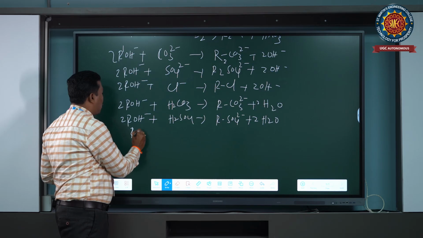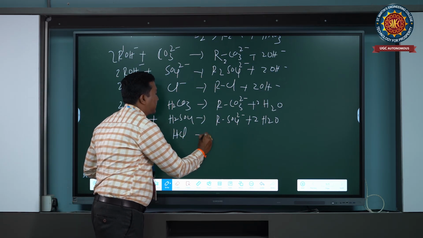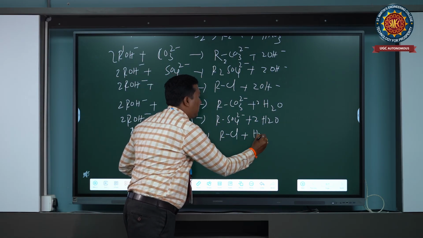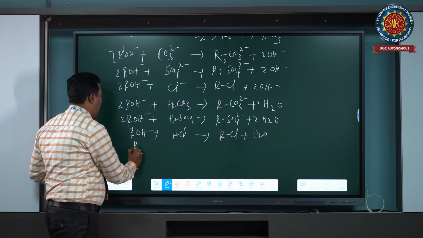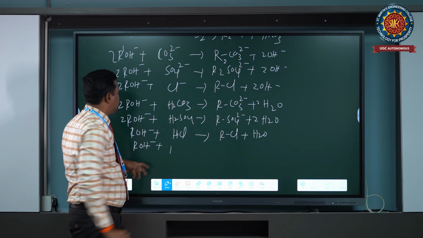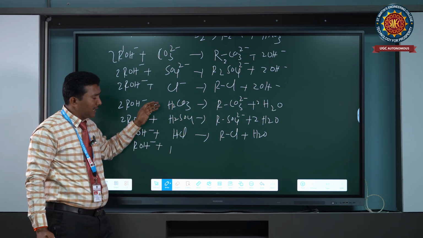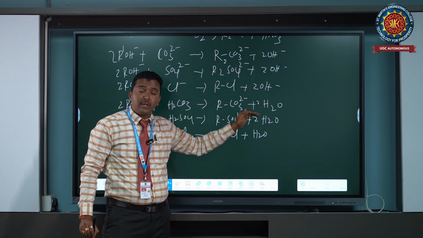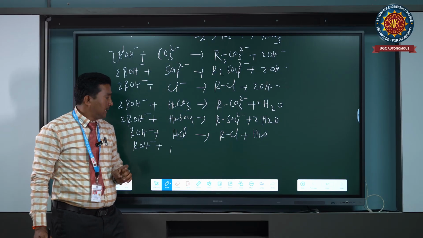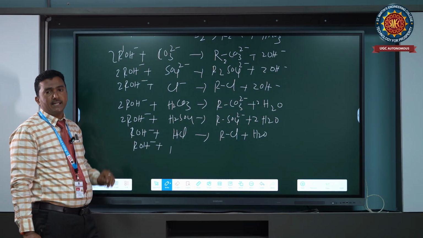Again, ROH- ions react with HCl to give RCl plus H2O. All anions are removed, and finally we get deionized demineralized water. Deionized demineral water is water that does not contain any hardness causing salts.